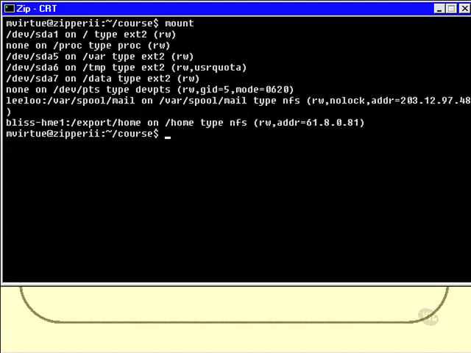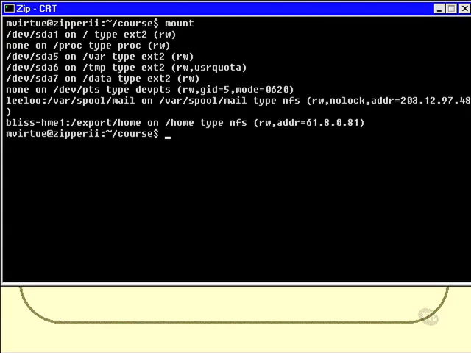Which means, of course, that if you were to add a file, or remove a file, or modify a file under /var/spool/mail on this computer, then you would find that same file on the lilu computer in the same place.